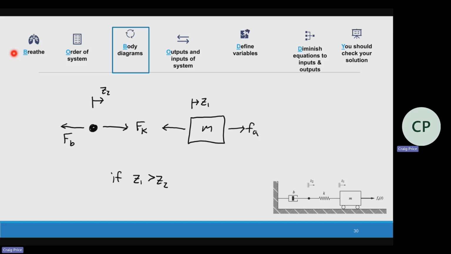Now, for your definitions, your spring equals delta. Both ends can move. Damper does not. Then from there you can set up the two equations.